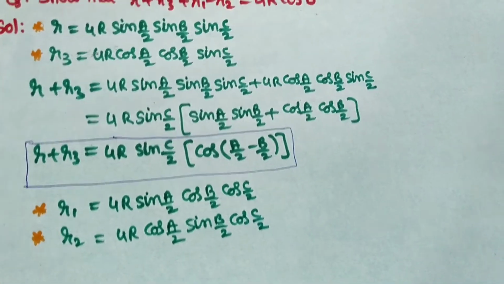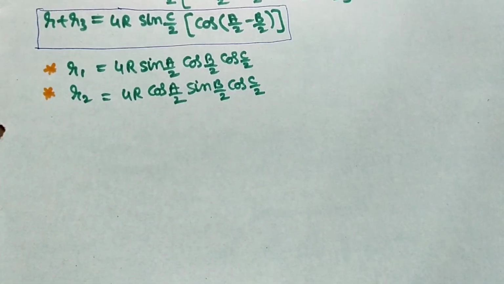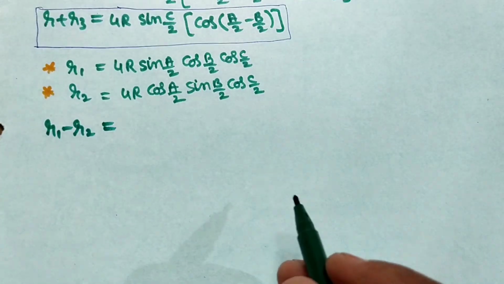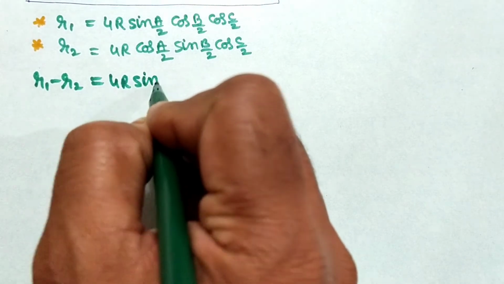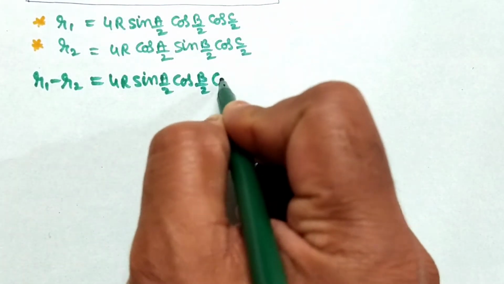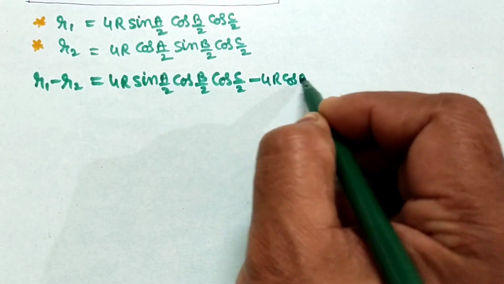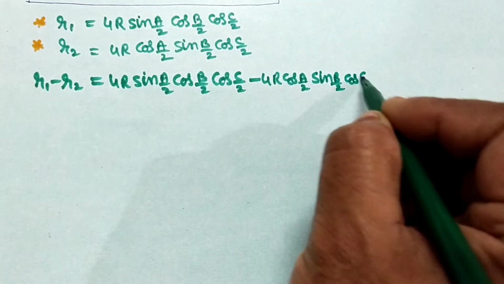After that, consider here r1 minus r2, no? Here also consider r1 minus r2, which is equal to 4R sin A by 2 cos B by 2 cos C by 2 minus 4R cos A by 2 sin B by 2 cos C by 2.